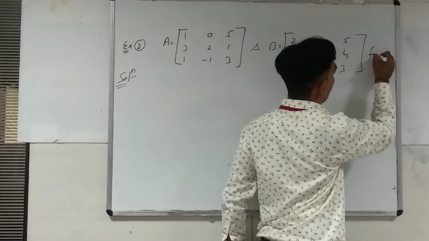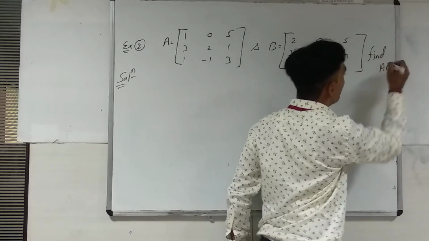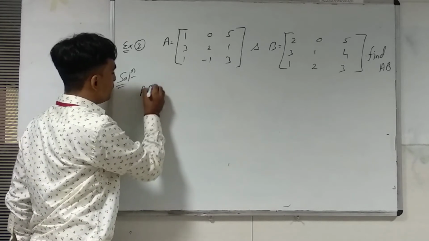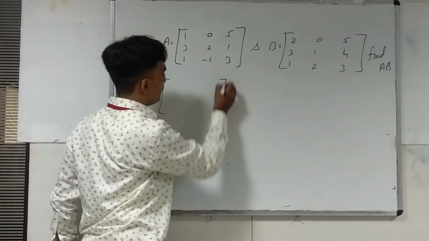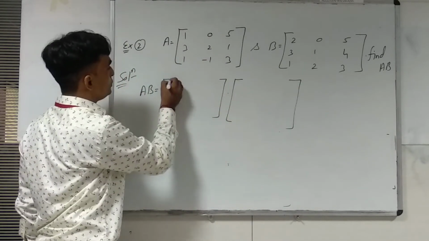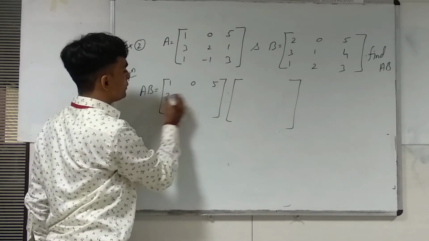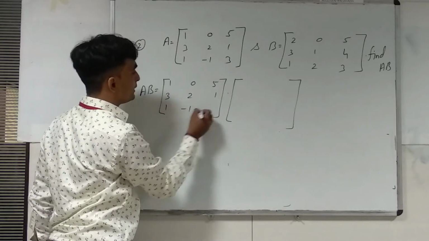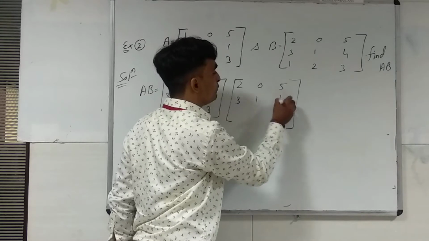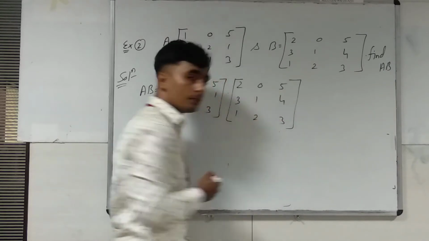We have to find the product of A and B. First of all, write down the matrices given to you: 1 0 5, 3 2 1, 1 minus 1 3, and 2 0 5, 3 1 4, 1 2 3.